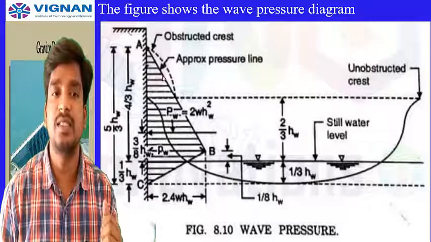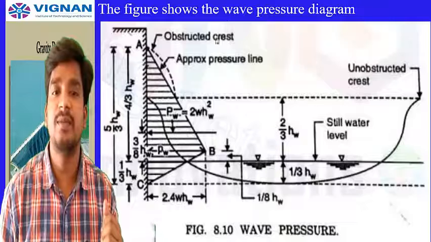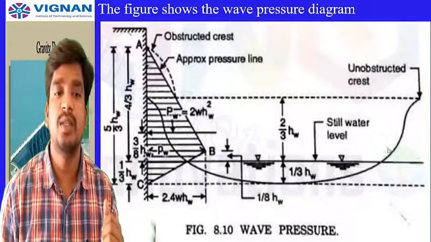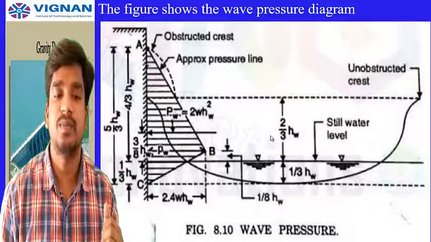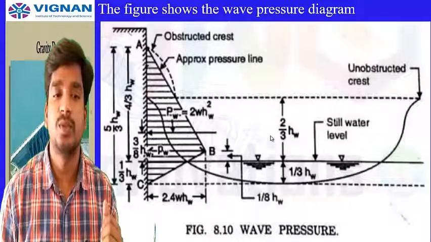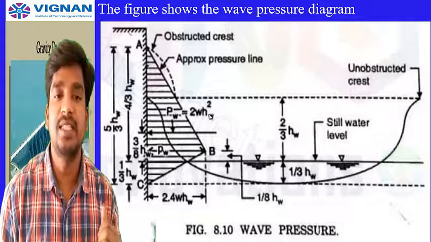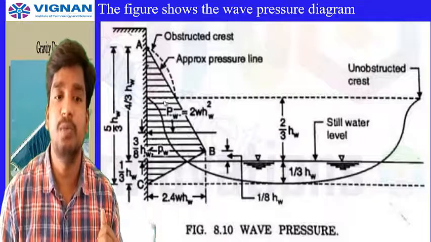Here you can see this is the obstructed crest and this is the unobstructed crest. It is coming from this way to this direction. So this is the maximum Pw force, acting in this direction. That is Pw is equal to 2 w Hw square. This is the maximum amount of force.